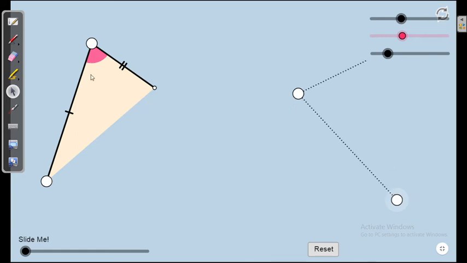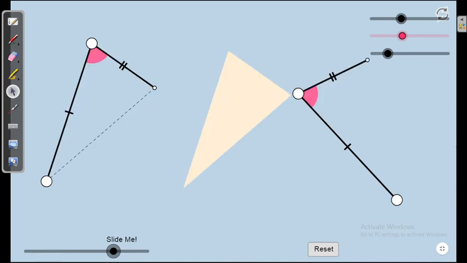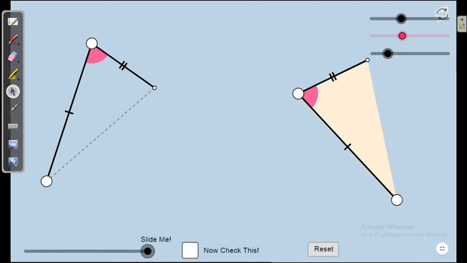And then I will take this angle and this side and place it here. So let's check whether they are congruent figures. Yes, now I have placed it there. See, the sides are equal. Now I am taking the angle as well as the other side and placing it here. So they are correctly fitting. Now I am placing the whole triangle.